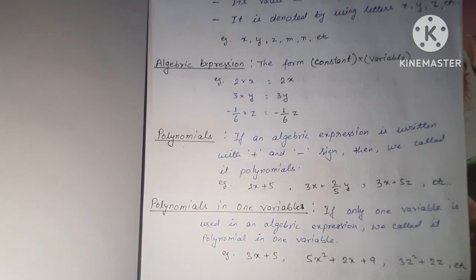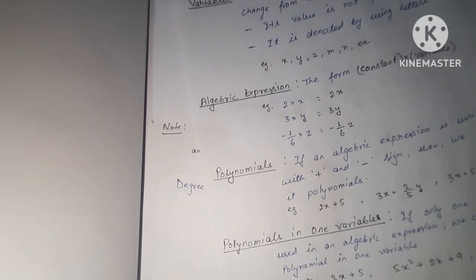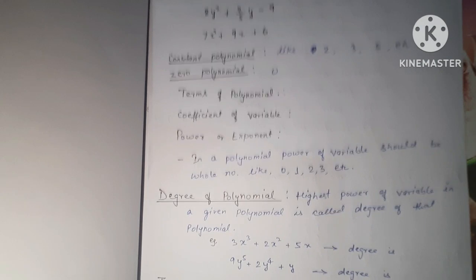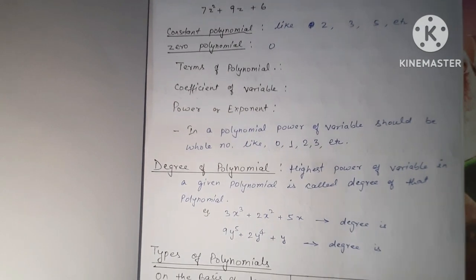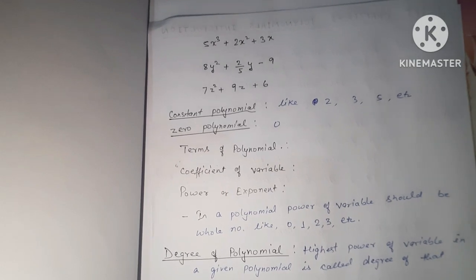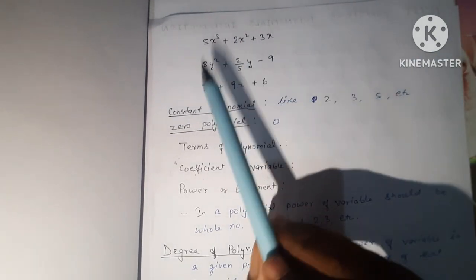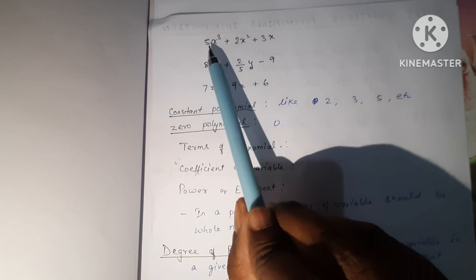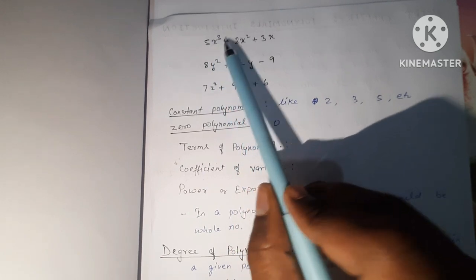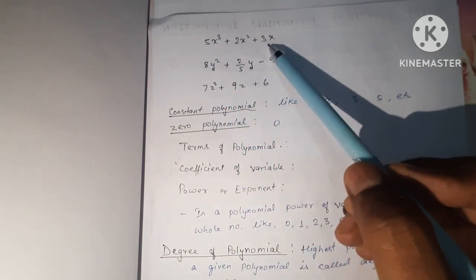And if two variables are used, then we call it polynomials in two variables. Few of the examples of polynomials in one variable, like 5x cube plus 2x square plus 3x.